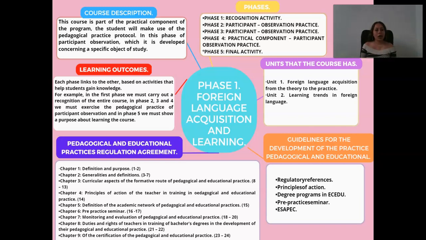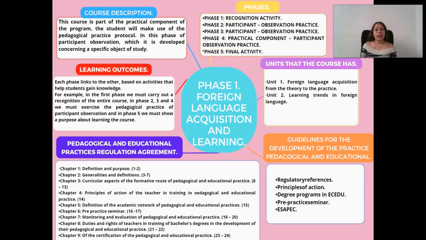Pedagogical and Educational Practice Regulation Agreement. Okay, this document is very important for the solution of each activity in our practice scenarios. This document has 9 chapters. For example, Chapter 1, definition and purpose, has articles 1 and 2.